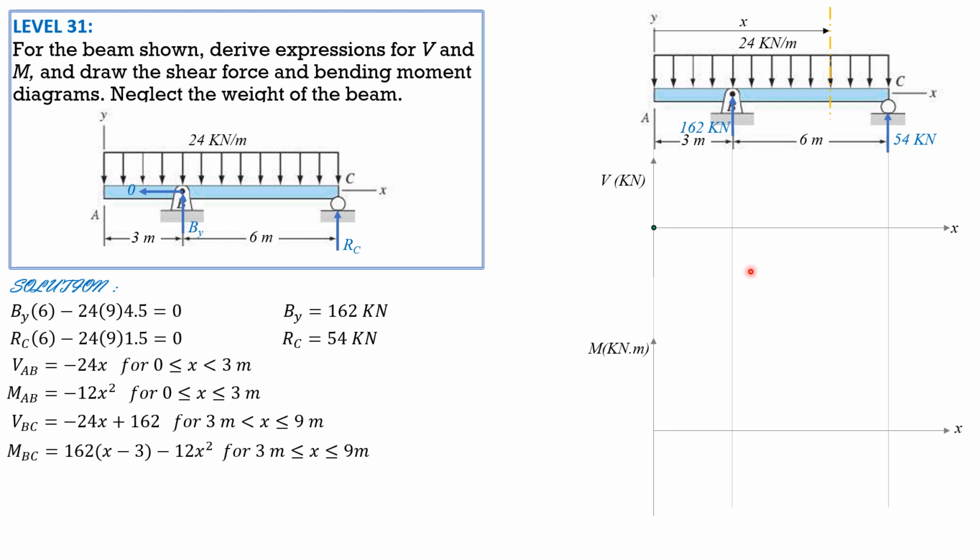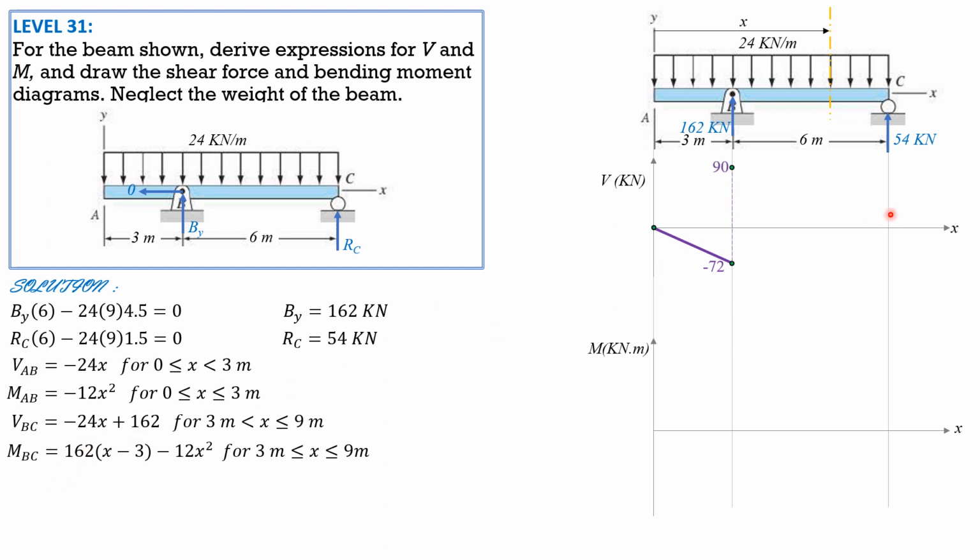Connect the 2 points by a straight line because this represents a straight line with negative slope. Then for BC, substitute x is 3 first: negative 24 times 3 plus 162 is positive 90, as shown.